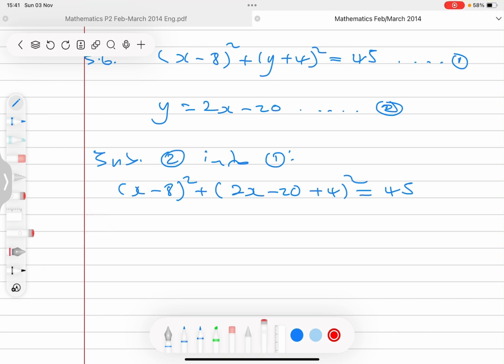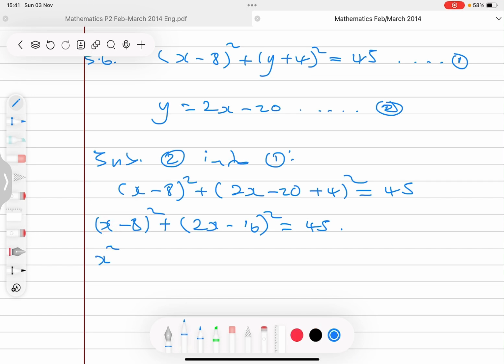So I'll keep this as is for now. I'll say (x minus 8) squared plus, in here, when I combine these two, I get a negative 16. So this is (2x minus 16) all squared equals 45. Now, the first thing that we do is square this one here.